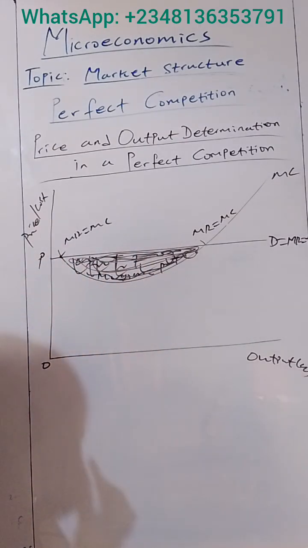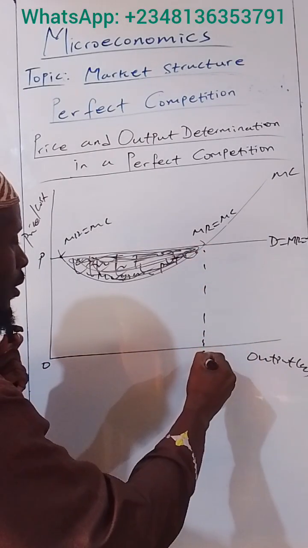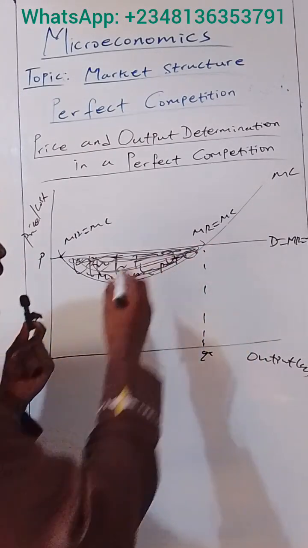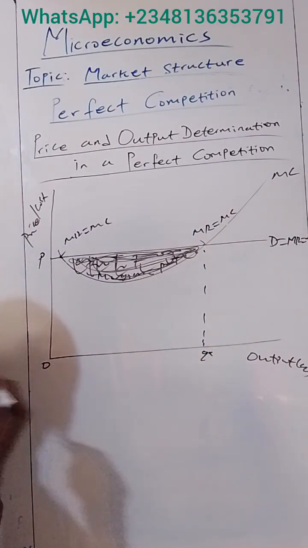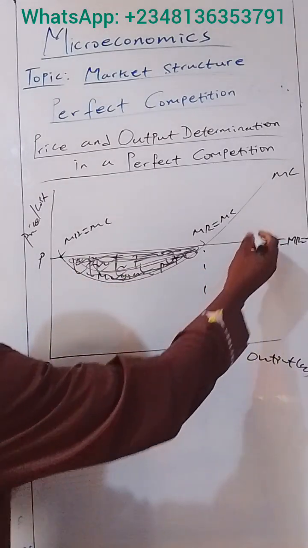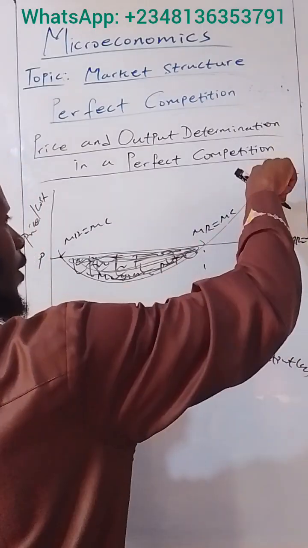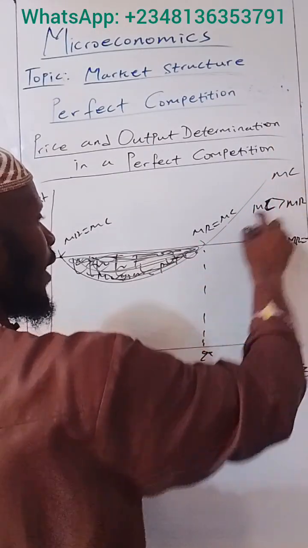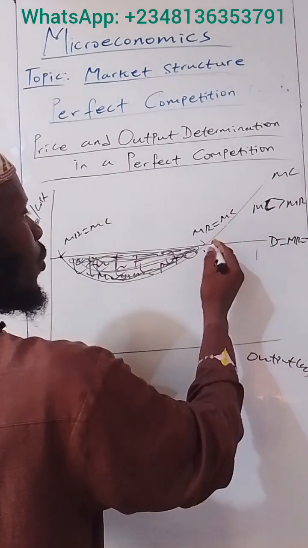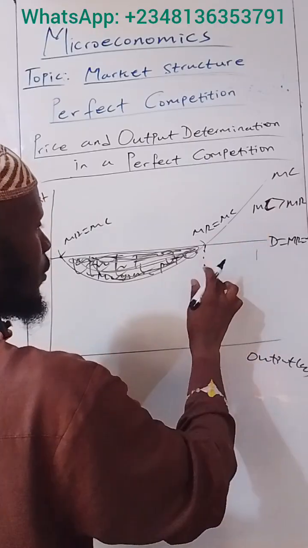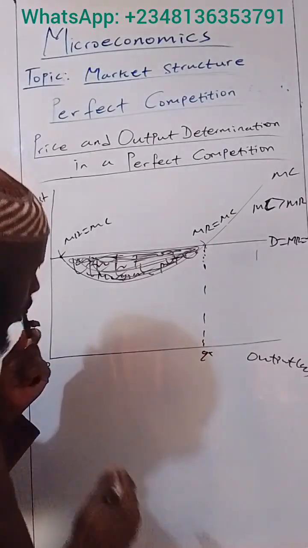Another point you need to take note of here is this. Let me draw this. This is the output level chosen by the firm. If you look within this range, MC is greater than MR. You can see this MR curve is less than the MC curve. So the firm should not produce beyond this point, because if it does, the firm is going to make a loss.